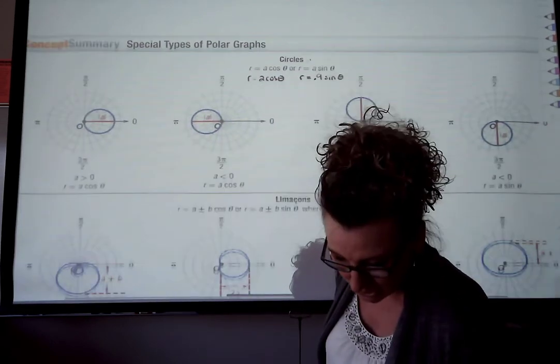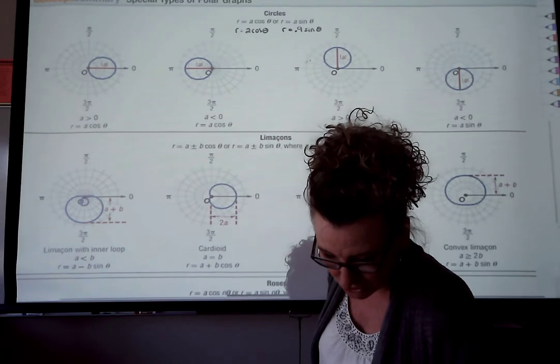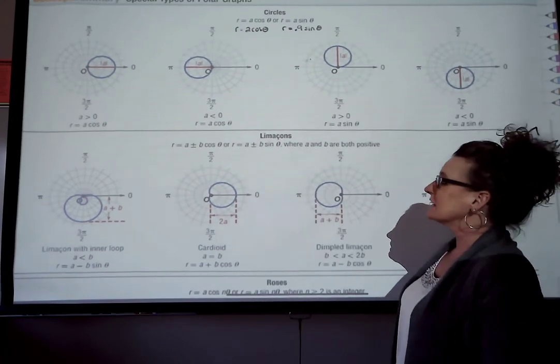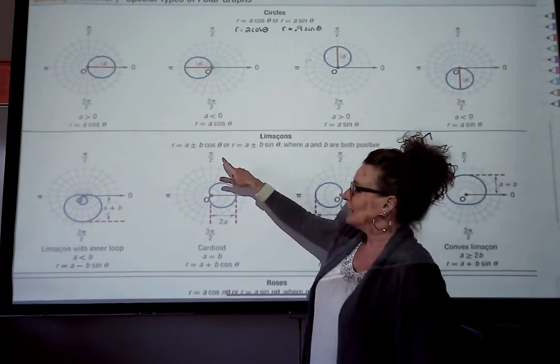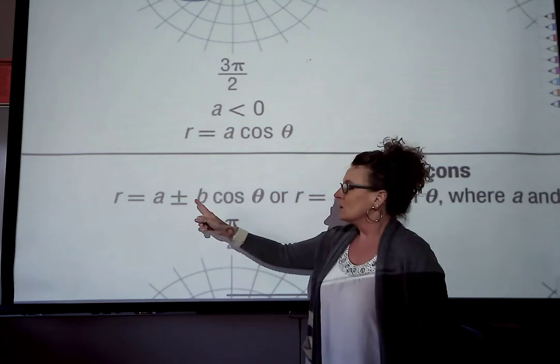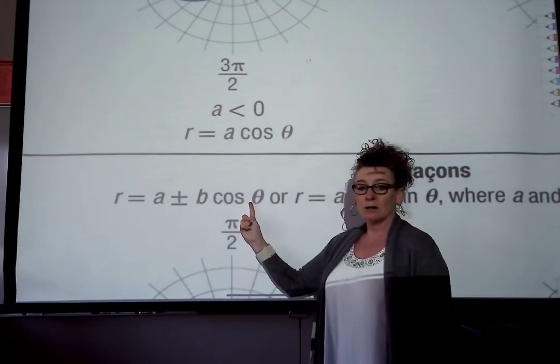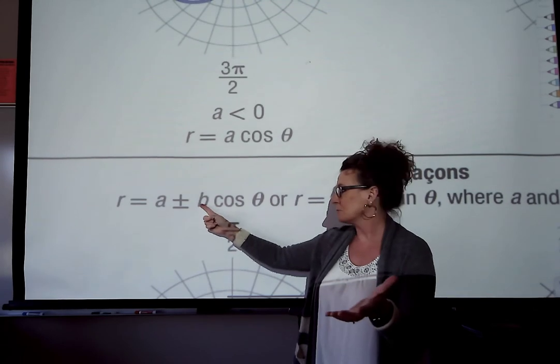Next up, and I'm probably going to butcher this. This is a French word, and I took Spanish. So I think it's a limaçon, something like that. And here's what the equations look like. R equals. Yeah, it's got a cosine in it. Might have a coefficient out in front of the cosine, some constant that's multiplied.